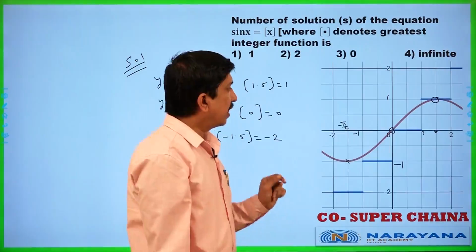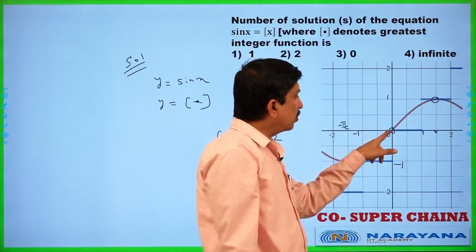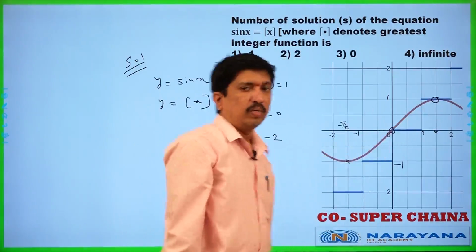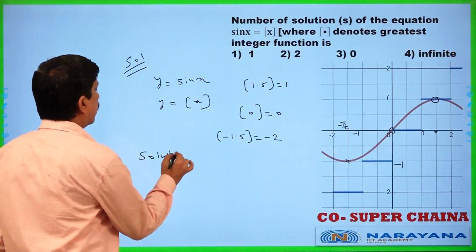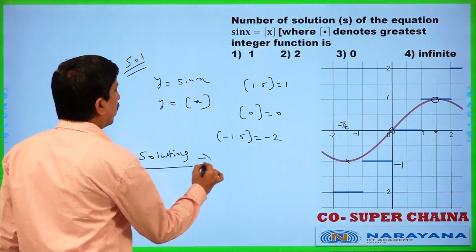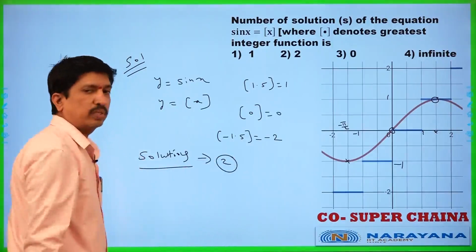So the number of intersections is only here and here. Only two solutions we are getting.